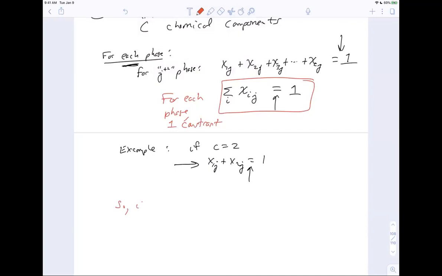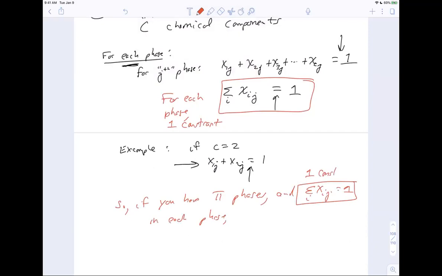So if you have pi phases, and the sum of the x_ij is equal to 1 in each phase, how many constraints do you have? This box thing is one constraint per phase, and you have pi phases.